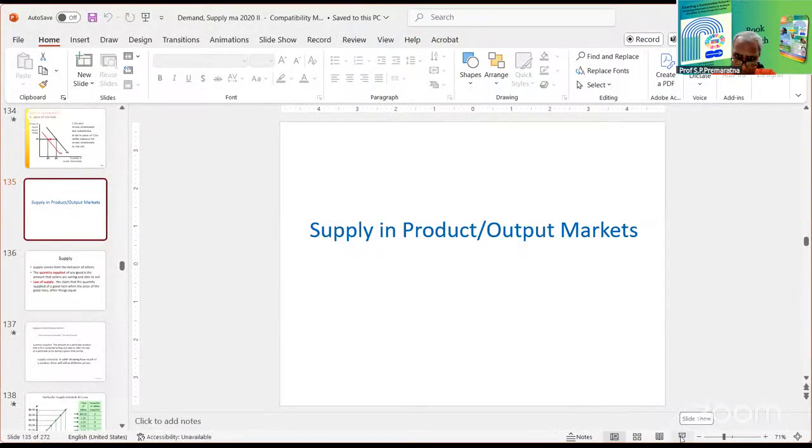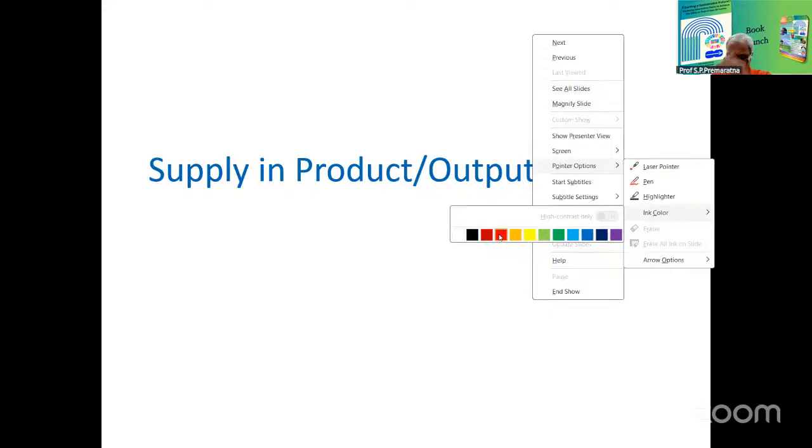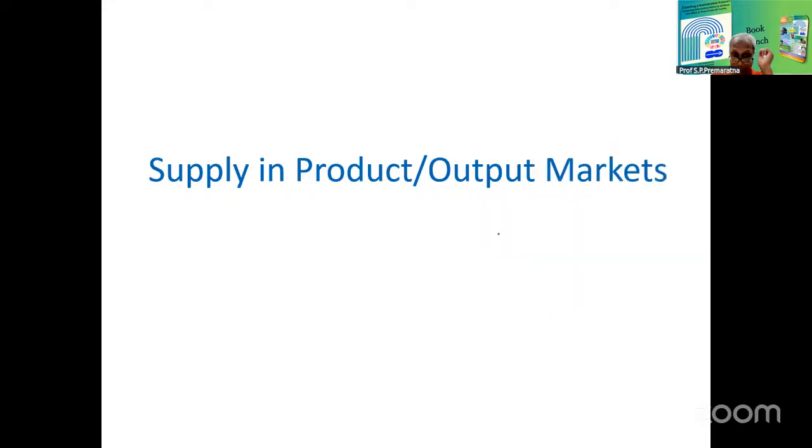Last week, we discussed supply and tried to understand the supply side, and also looked at the different ways to look at the demand side. Here, all of you know the supply curve has a positive slope.